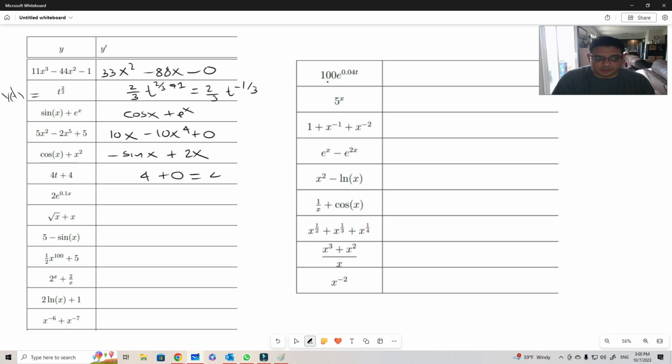Now we have an exponential here, and remember that the derivative of an exponential is itself multiplied by the constant. Realize that I made a mistake before. Here we have 2 times 0.1x. Sorry.